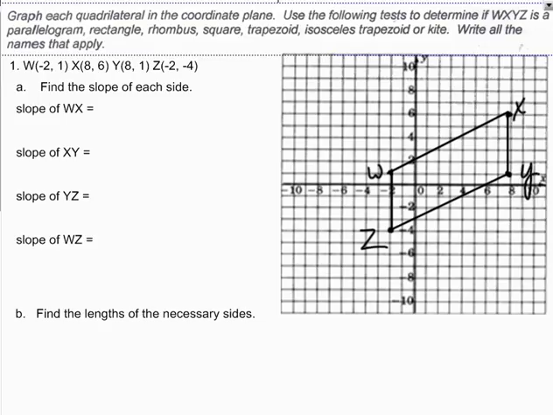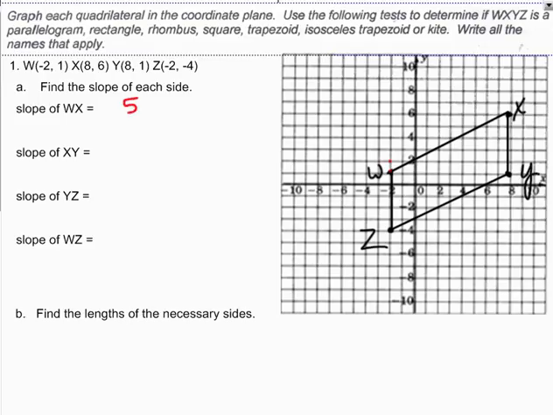So finding the slope of each side, we're looking at the slope of WX. WX is this slope right here. We're going to count rise over run. We're going to count 1, 2, 3, 4, 5, 5 up. So that's positive 5.